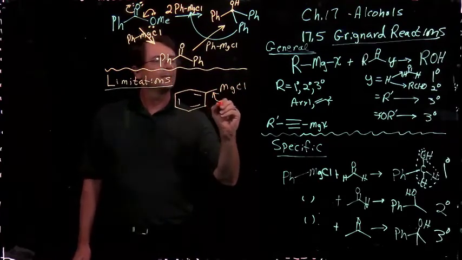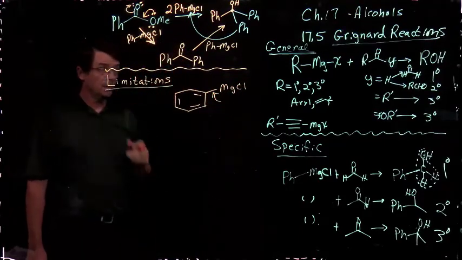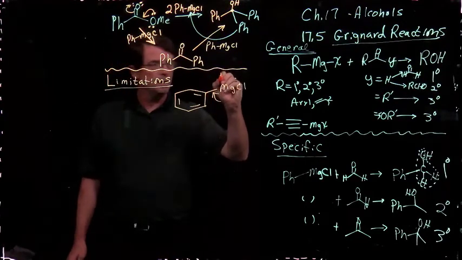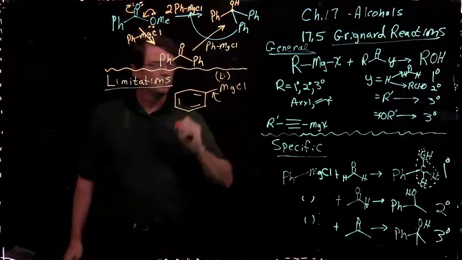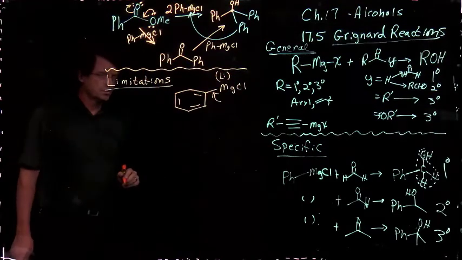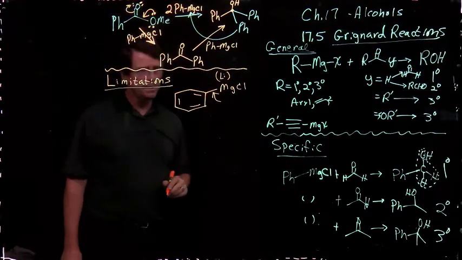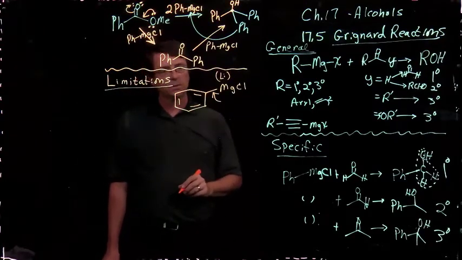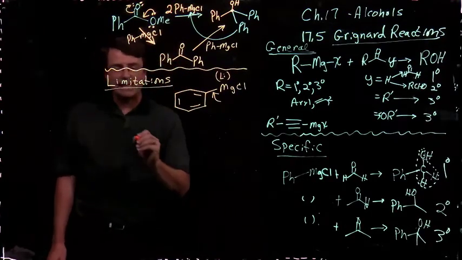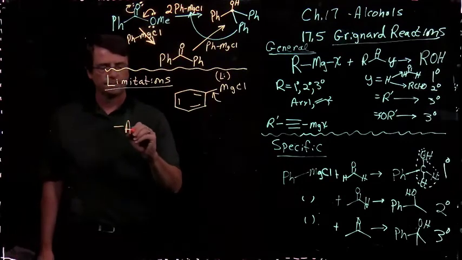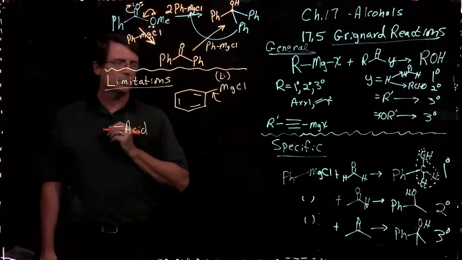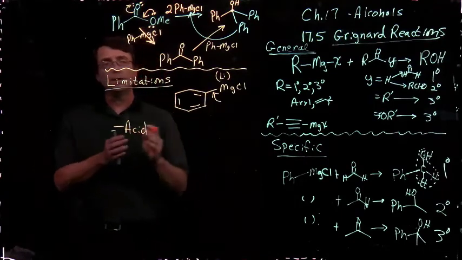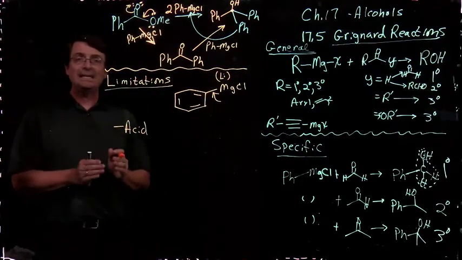We have a metal carbon bond, and although Grignards are not as basic as lithium reagents, they're still very, very strongly basic. pKa's around 35, so anything that's acidic, any acidic functional group will first simply protonate the Grignard, because moving a proton is an easy reaction.